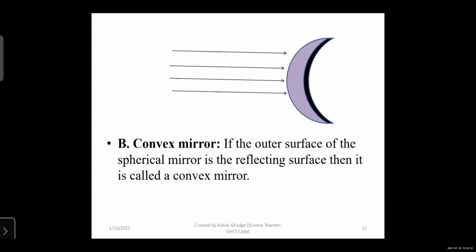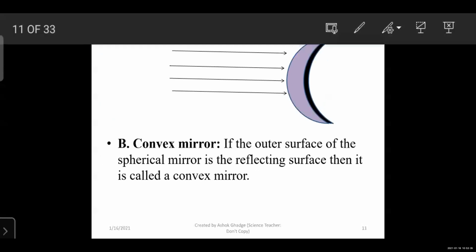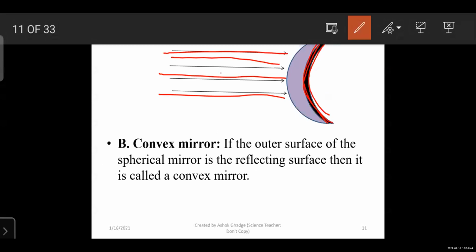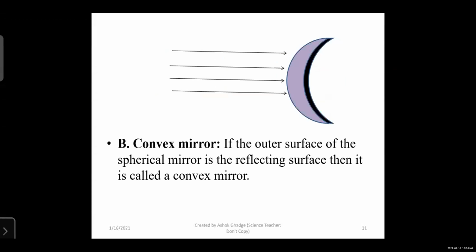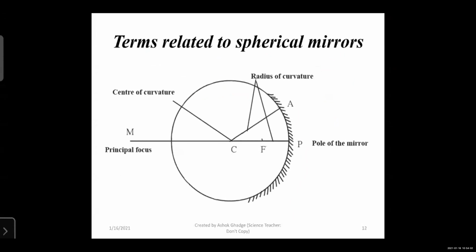Now, if we coat from the inner side with aluminum or silver coating and lead oxide, the reflecting part will be the outer surface, so it is called a convex mirror. If the outer surface of the spherical mirror is the reflecting surface, then it is called a convex mirror. Now we will see the different terms related to spherical mirrors.